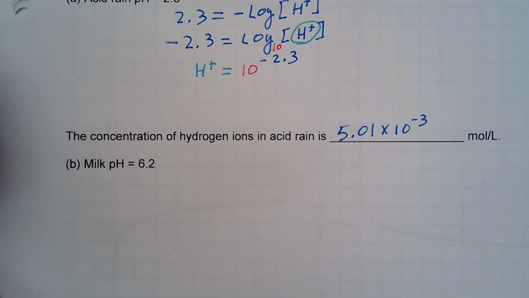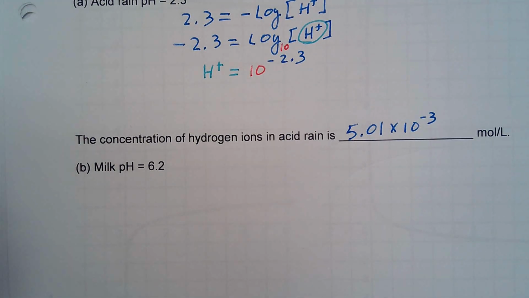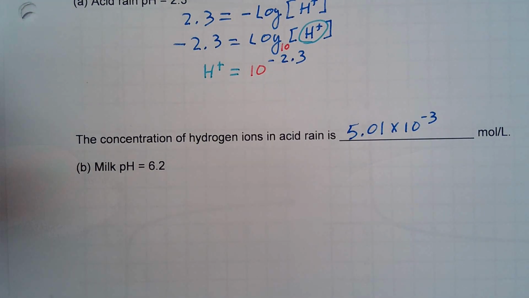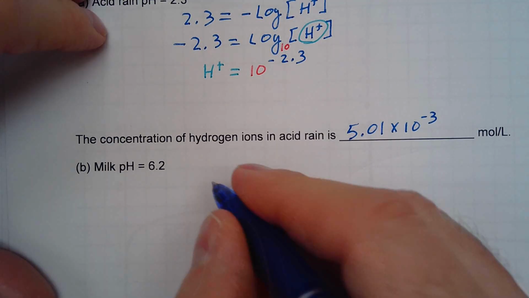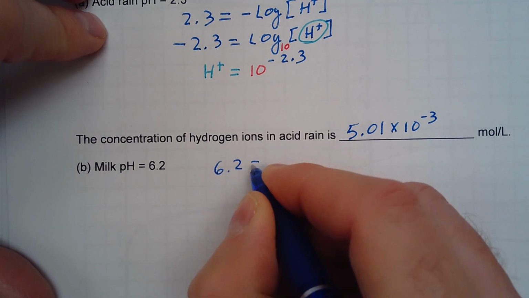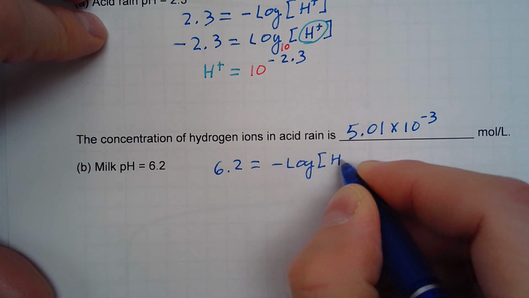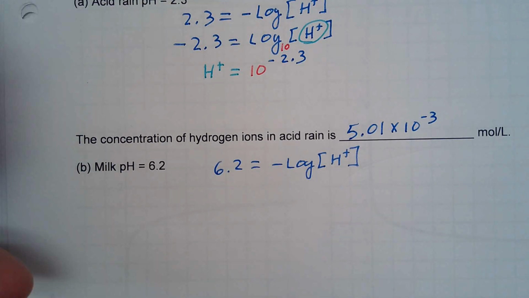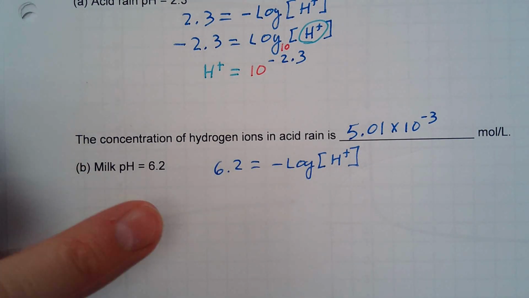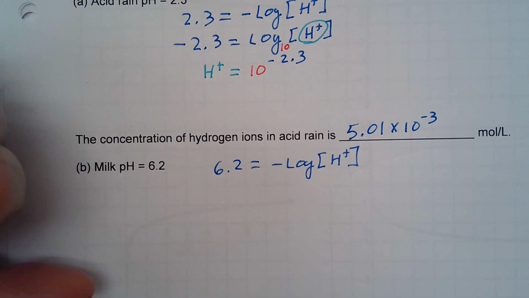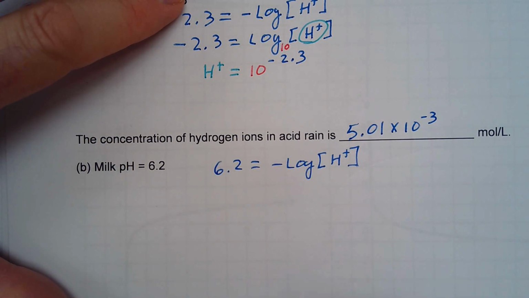Let's try part B here for number 20. So now we're doing 6.2. So again, we're going to use the equation they gave us. Before I can convert to exponential form, I need to get the negative over to the other side, so I'm going to divide by -1.